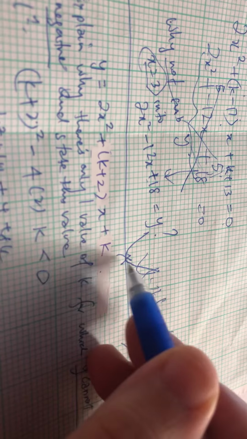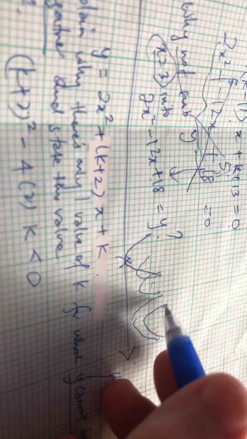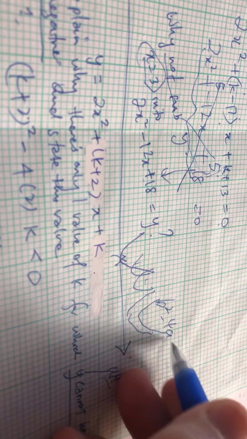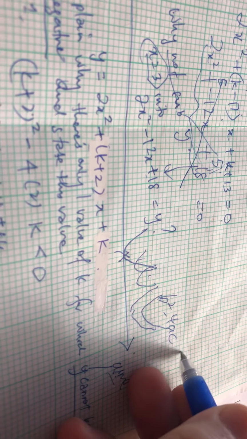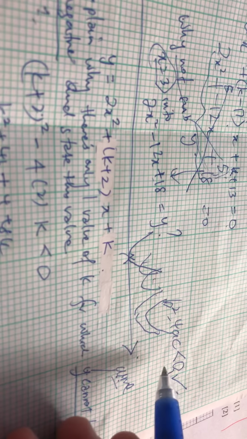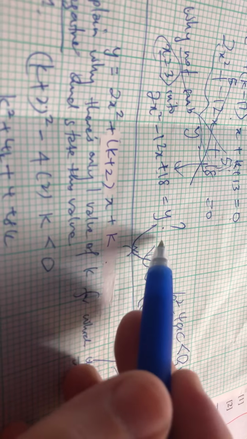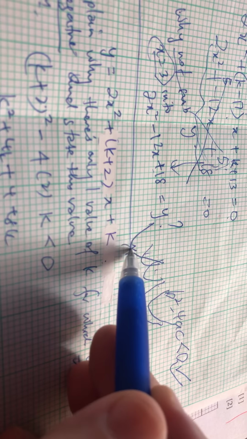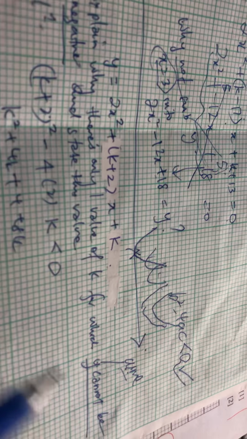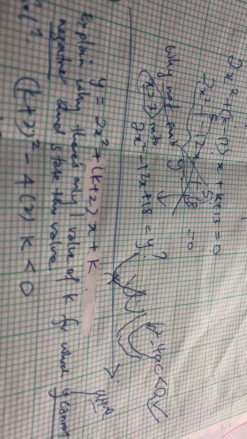Can it be exactly 0? Because cannot be negative means b squared minus 4ac, the condition is less than 0. I think that you know well. We are now asking you, can it also be b squared minus 4ac equals to 0? Cannot be negative, so can it be 0?